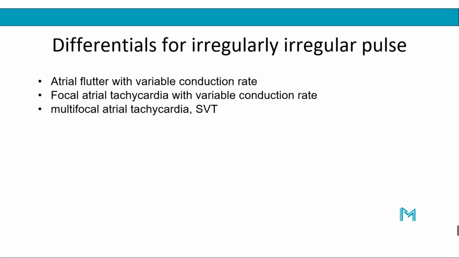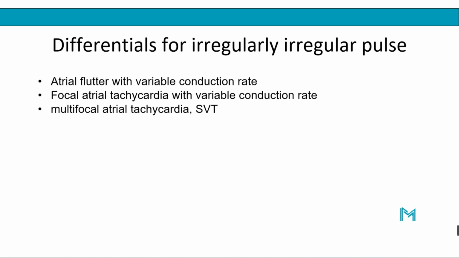What are some of the differential diagnoses for atrial fibrillation? We could talk about the differentials for each of the symptoms of atrial fibrillation, but we can't do that. There are numerous of them. What we are going to do is focus on the differential diagnosis of irregular pulse, which is one common question that keeps coming up in exams.